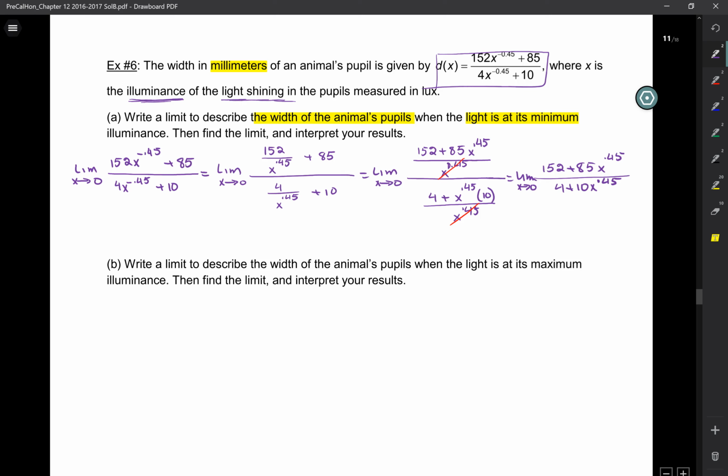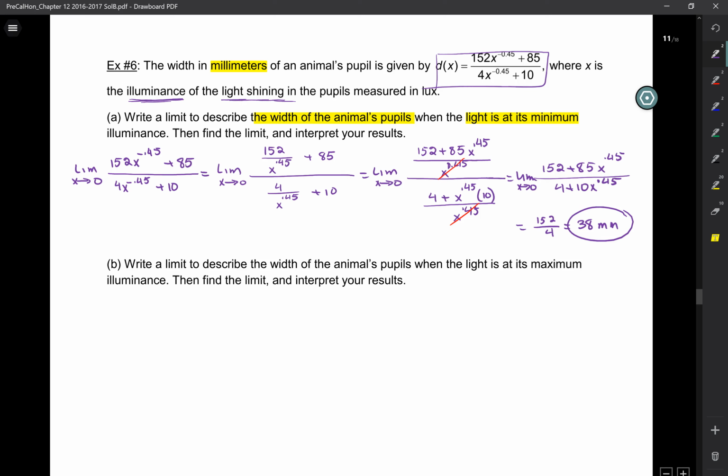Now, what happens if x goes to 0? What happens as x equals 0? So what do we get when x equals 0? 152 over 4, which is equal to 38. And what are the units? This was d millimeters.